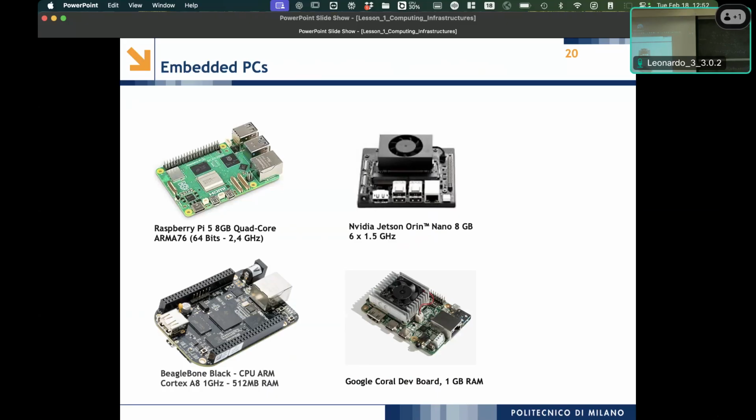The Jetson Orin is one of the cheap NVIDIA GPUs. They are a bit limited. They're not the high-end thing, but it still costs, I think, €200-300 each. And then, these are also Orin, and the Google Coral are for AI tasks too.